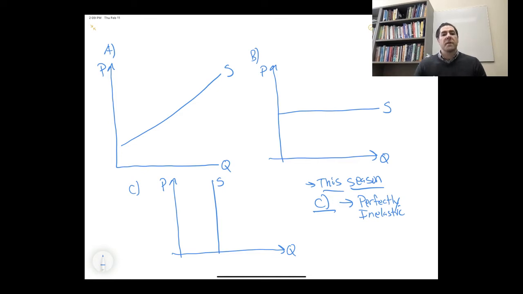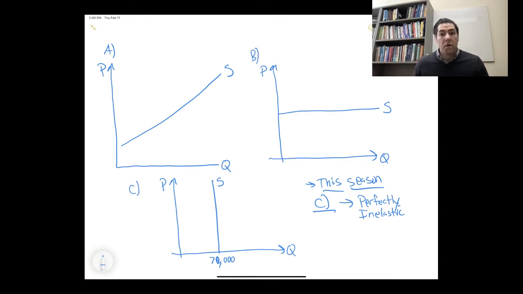So you might think of this as a good representation in a season of the supply of Packers tickets because, I don't know exactly what Lambeau holds. It might not even be 70,000, but somewhere in there, I'll just call it 70,000 approximately, right? There's 70,000 seats.